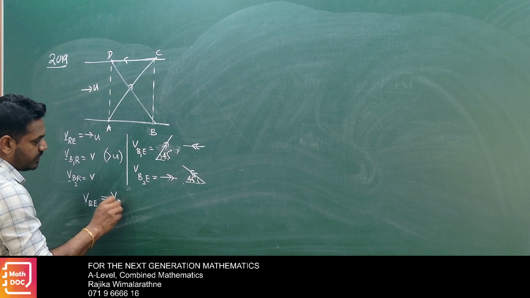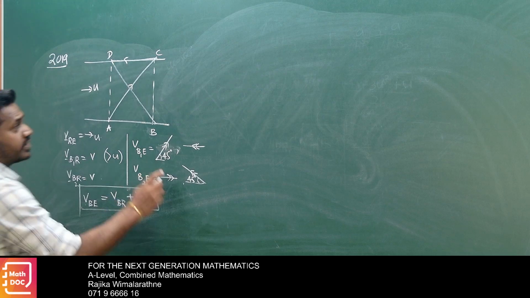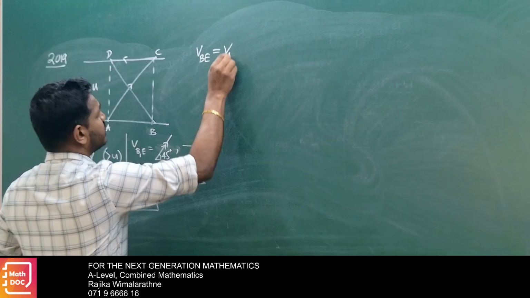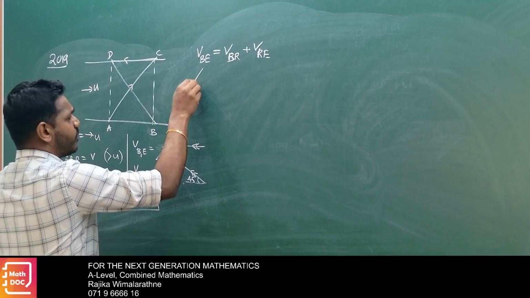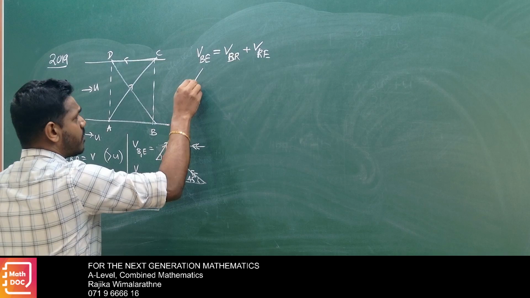Likewise, here the relative velocity theorem. Now here we have four cases. I write it here. VBE, VBR, VRE. Now here there are four cases. First I take only one.